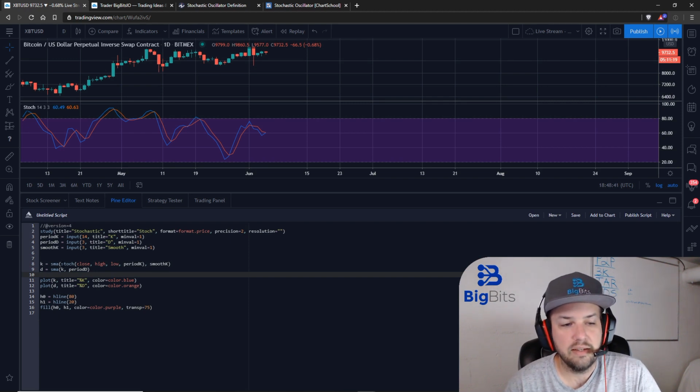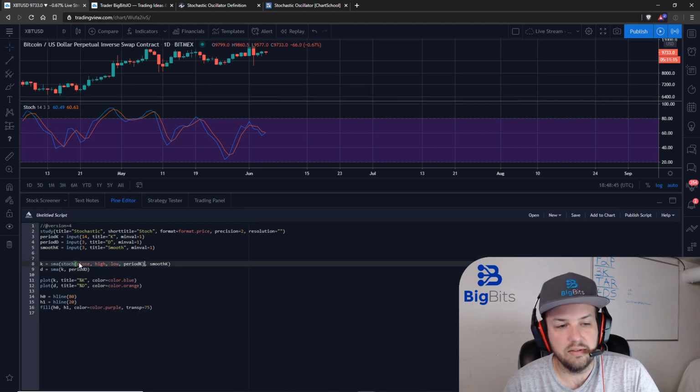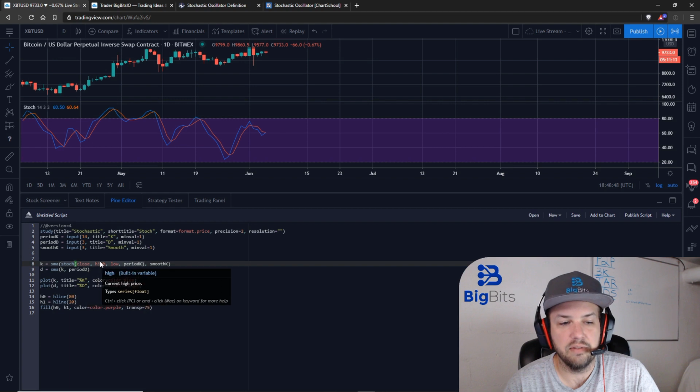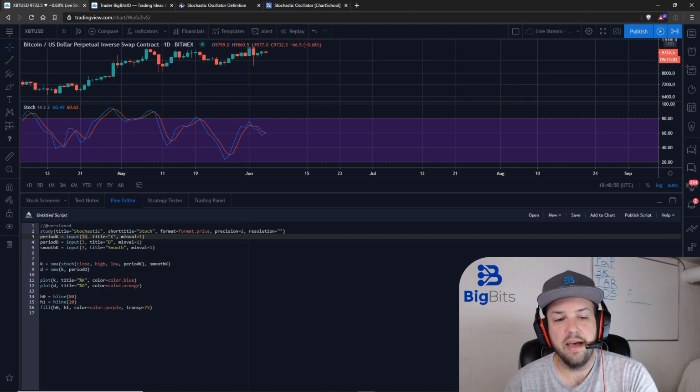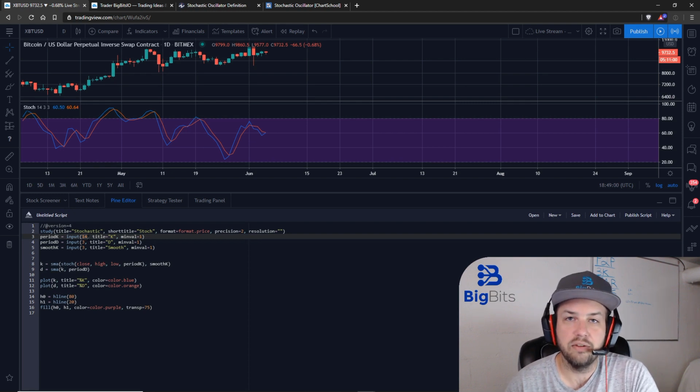Now, the stochastic calculation is done here using this built-in function and these built-in variables, and you can change these if you need to, but this is the actual stochastic calculation, and you're using the period for K, which you'll notice is 14, and that is the range of candles backwards that you're looking for the highs and the lows.